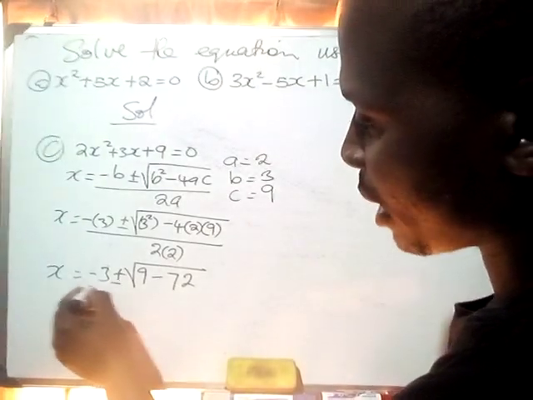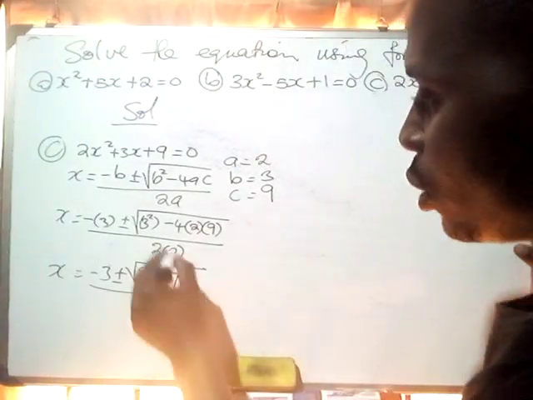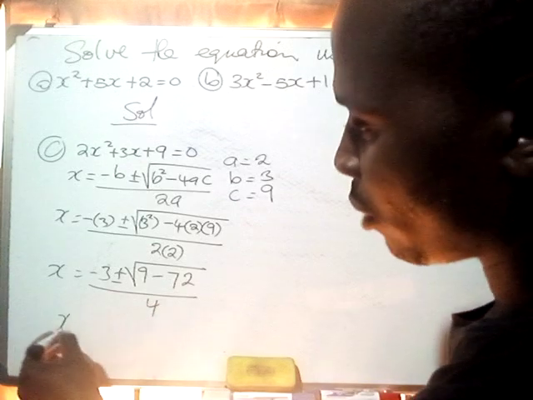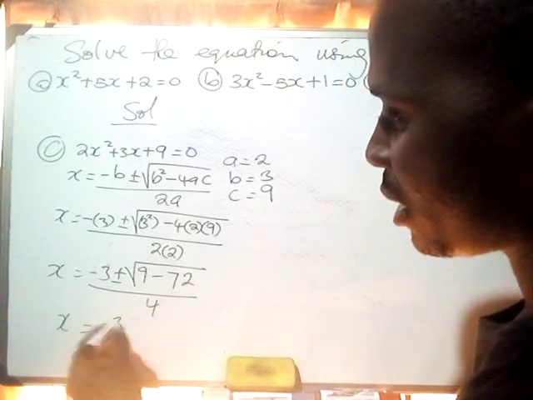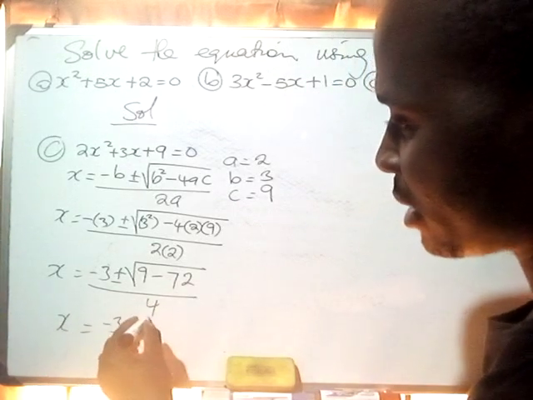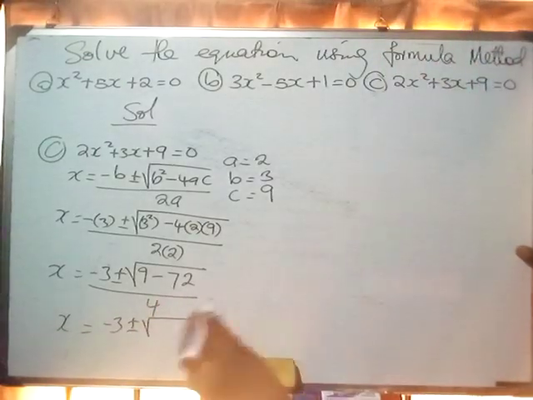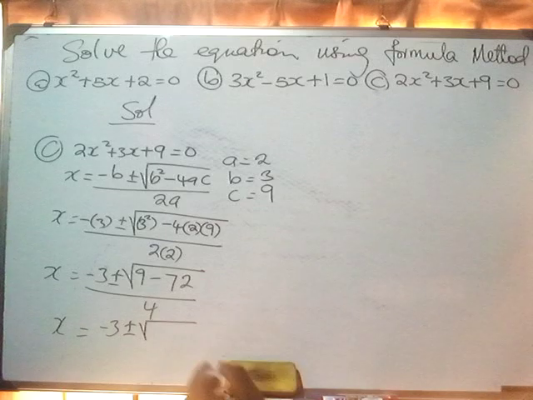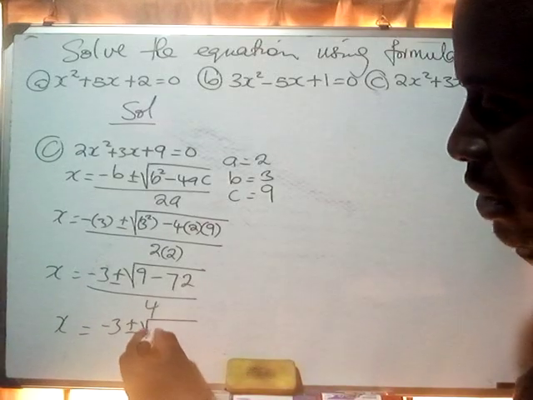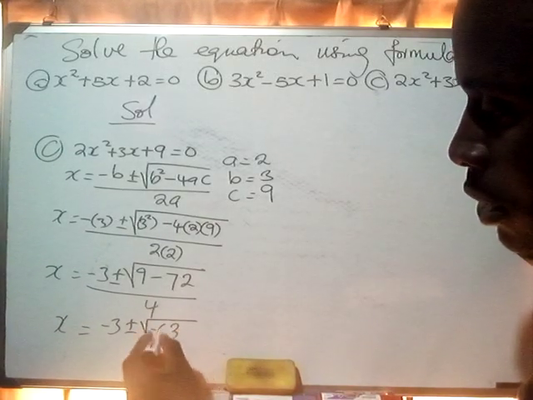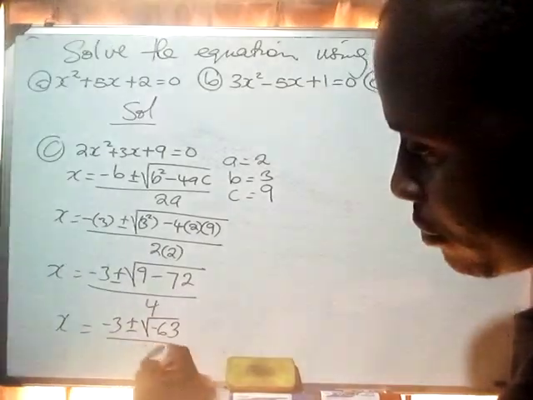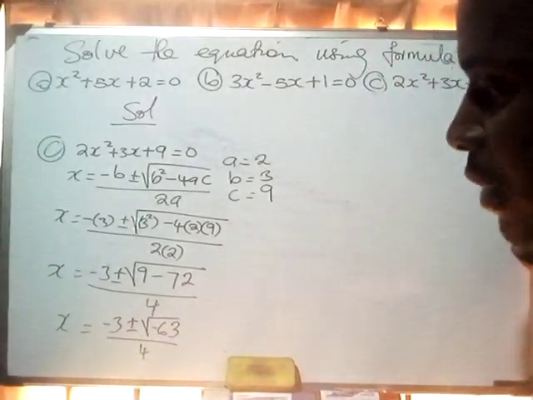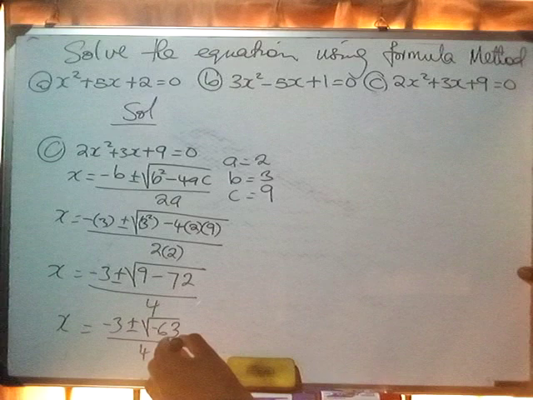So it will be 9 minus 72, the answer we get is negative 63, over 4.